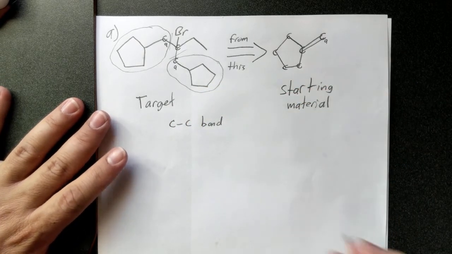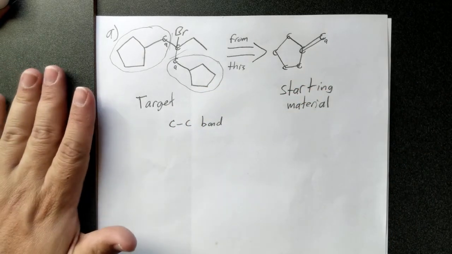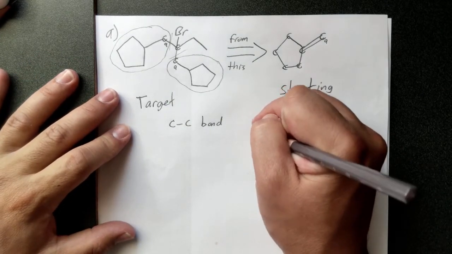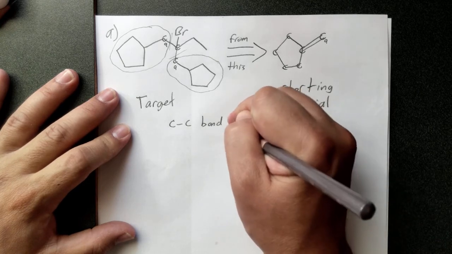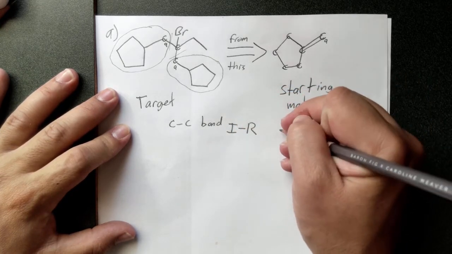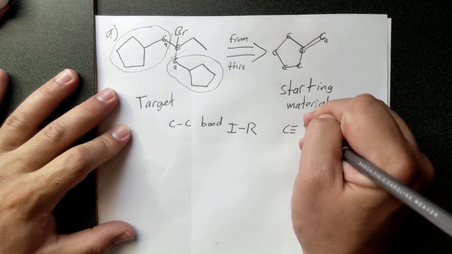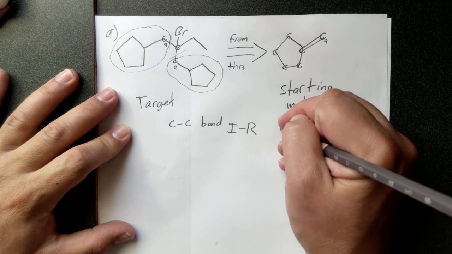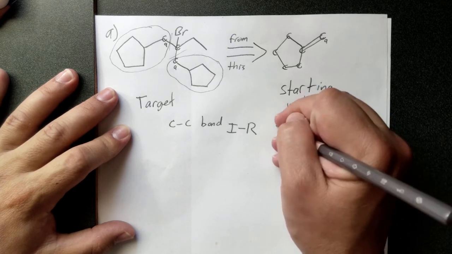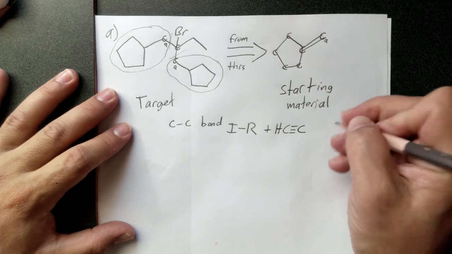We've only learned so far this semester one, and then we have one from OChem 1. And so from OChem 1, we learned that we can take an alkyl halide, technically primary, and we can add a triple bonded carbon if it was terminal to it. So like this, we can combine these.